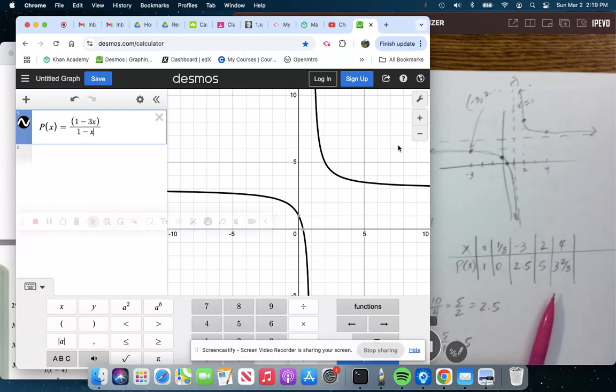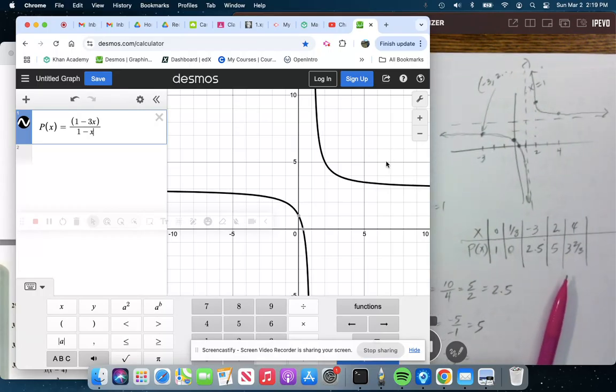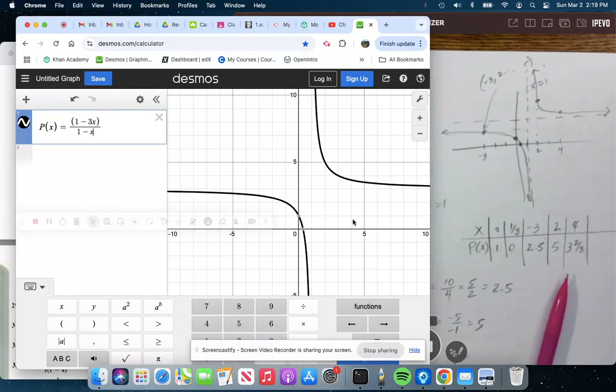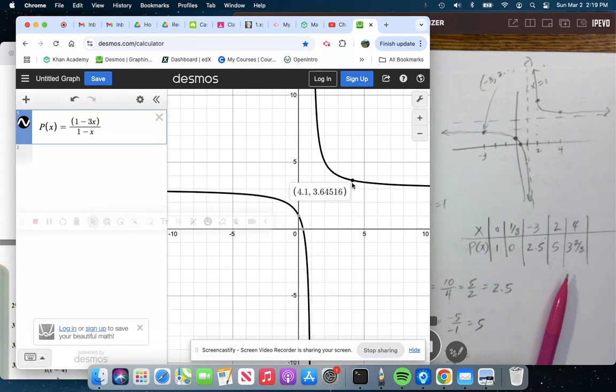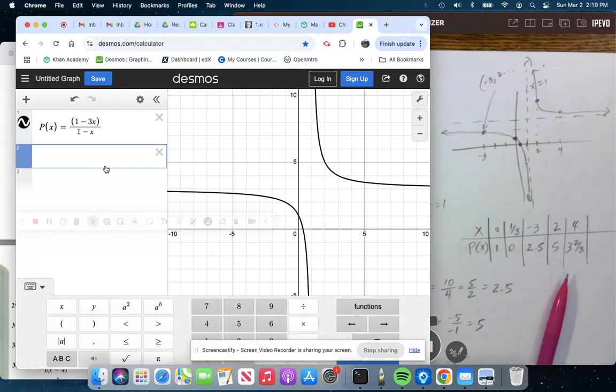All right, so how did we do? Let's see. So we plugged in 4. Here's 4. As you can see, it's really close to 3 2/3. I'll just do it this way, p of 4.